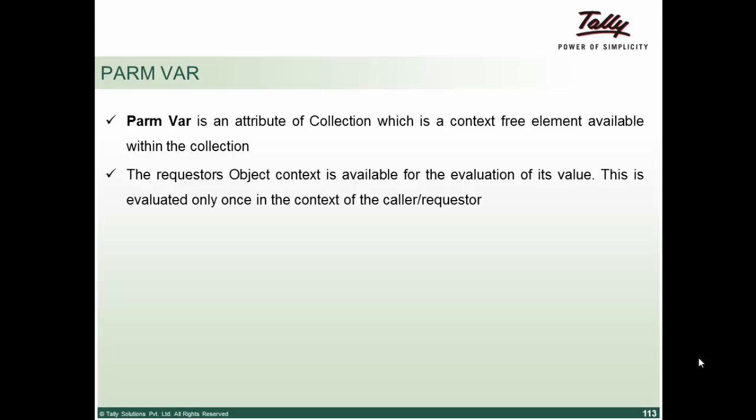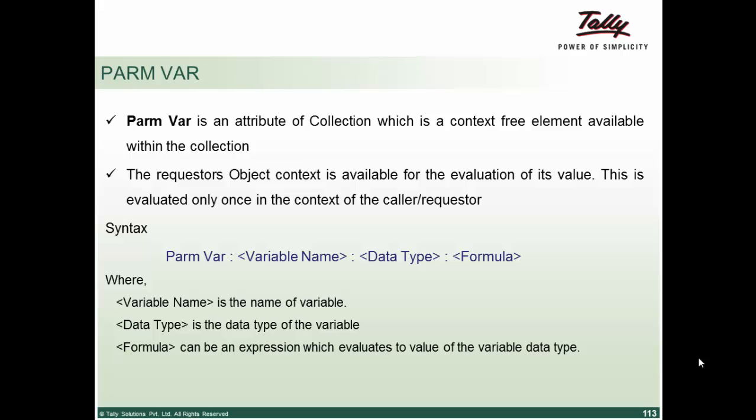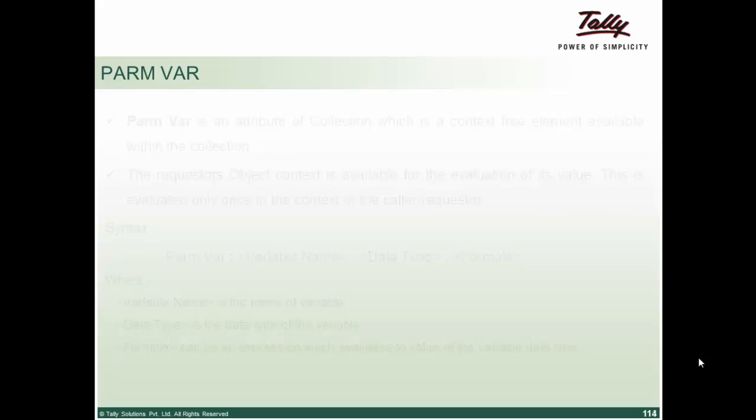But when we already had a function, why would we require a variable? Anyways, we did learn about a lot of functions, and we learned about a requester object context, which was allowing us to evaluate values based on that context. Then why do we need a parm var?